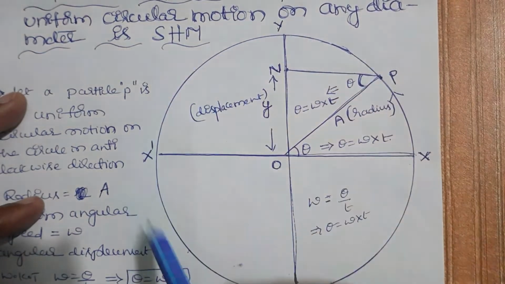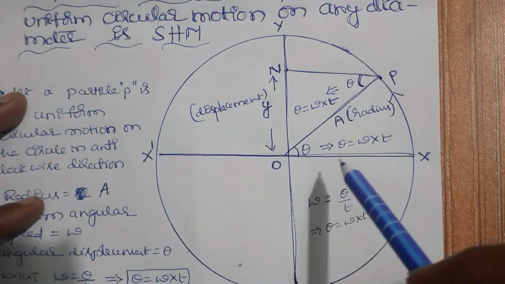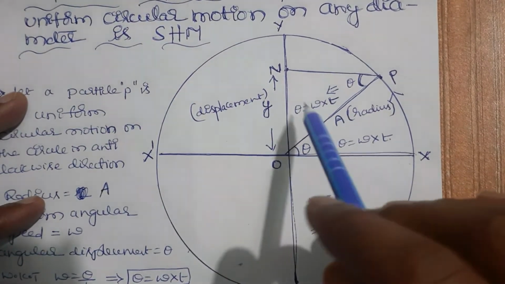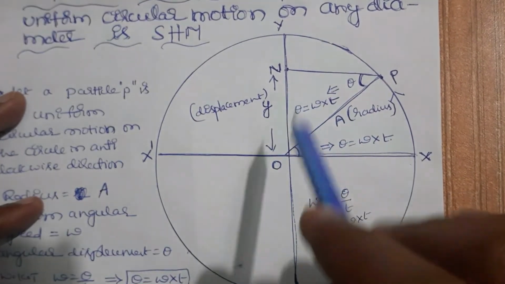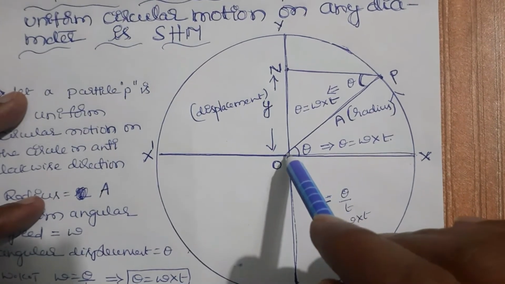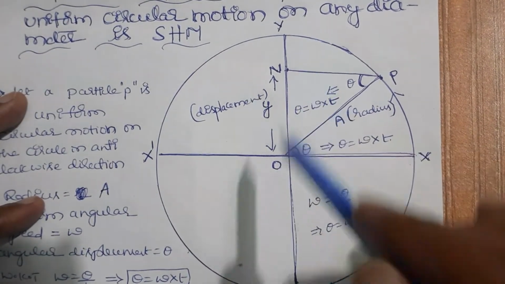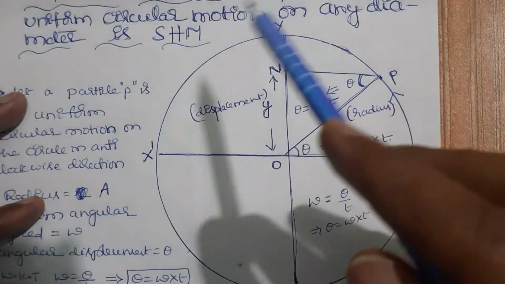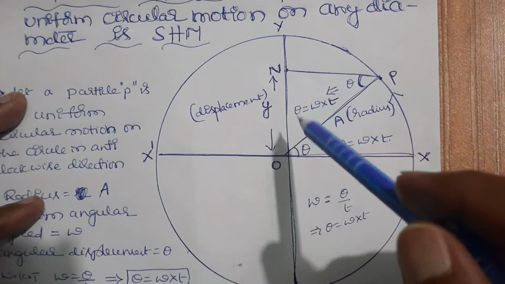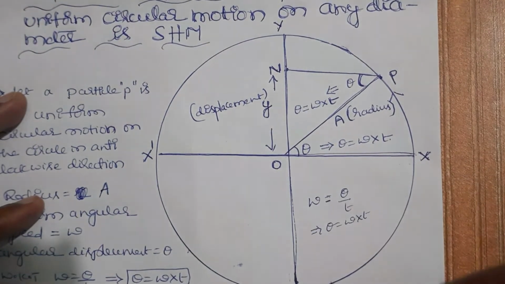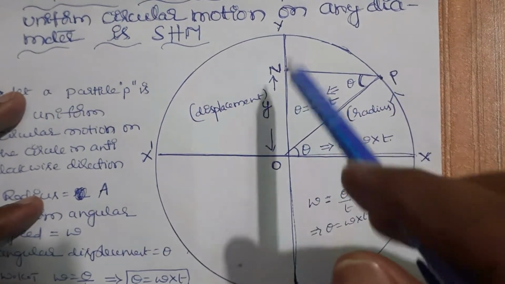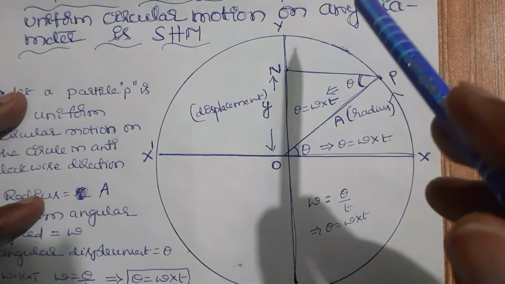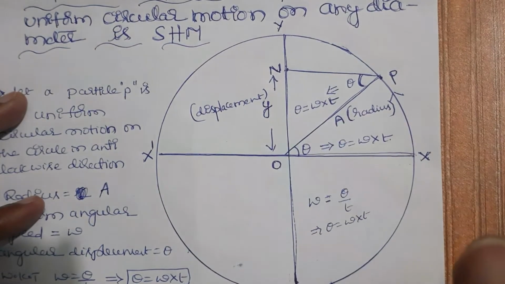So when P completes one rotation, the point of projection N completes one oscillation. That is, the fixed point is O, so one time up, another time down. As P is rotating along the circular path, the point of projection N moves along the vertical diameter, that is forward and backward, to and fro about the fixed point.